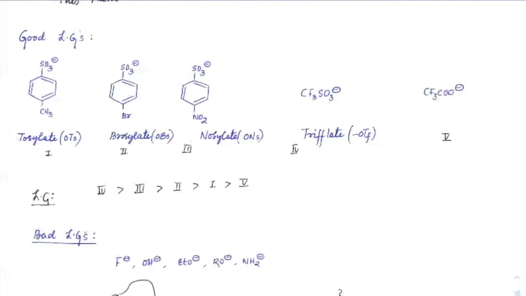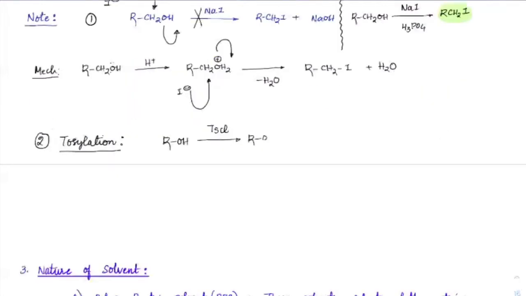If we react ROH with tosyl chloride, I get ROTs, and when you treat that with NaI, it gives RI plus TsO minus Na plus. This is the overall reaction. ROH becomes ROTs, and you know that OTs is a very good leaving group.